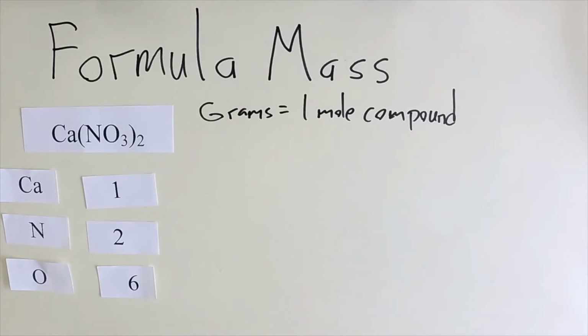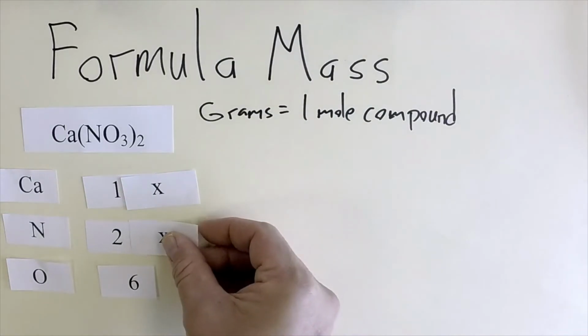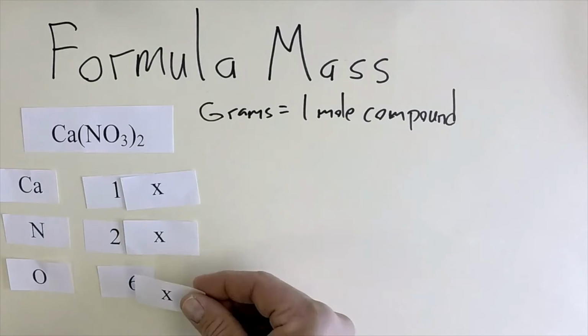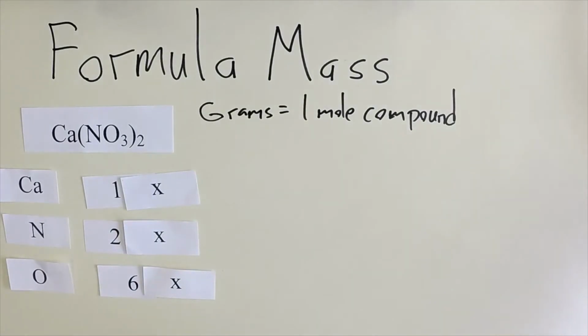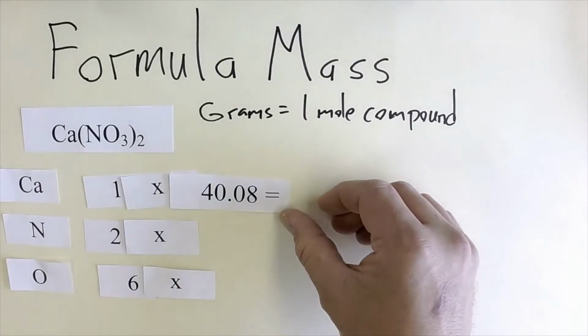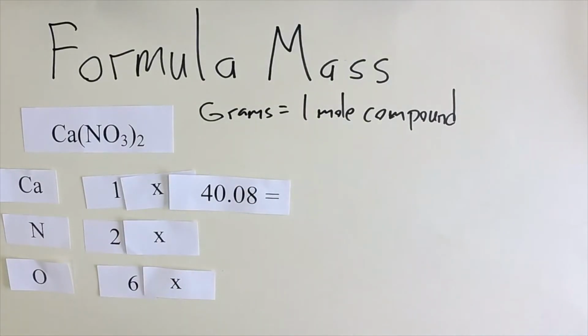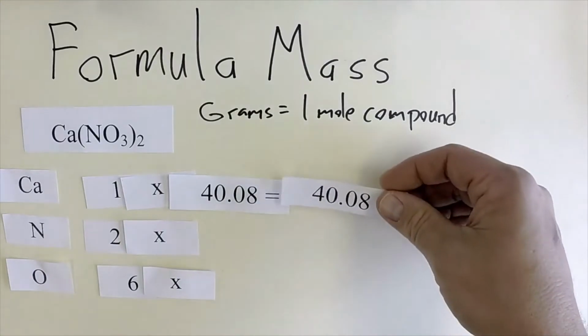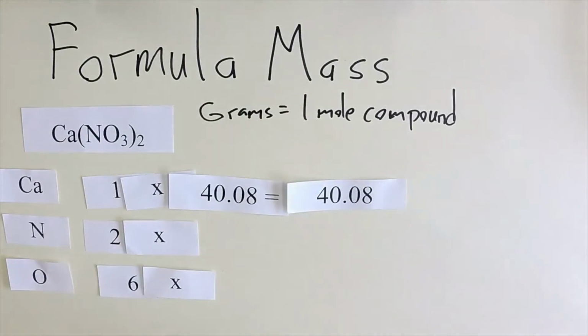Now the next step is to multiply the number of atoms of each element by the element's average atomic mass from the periodic table. So for calcium, 1 times 40.08 gives us 40.08 for the calcium.